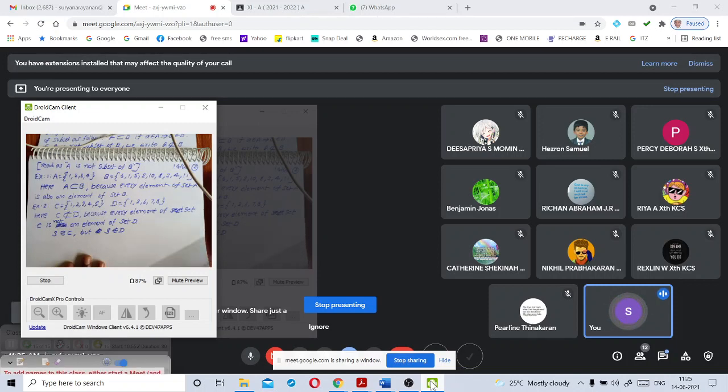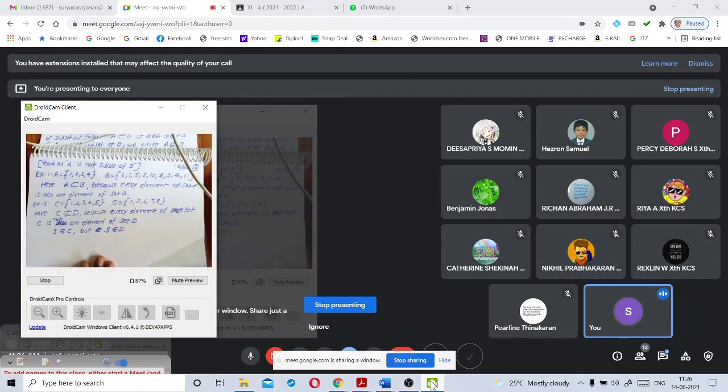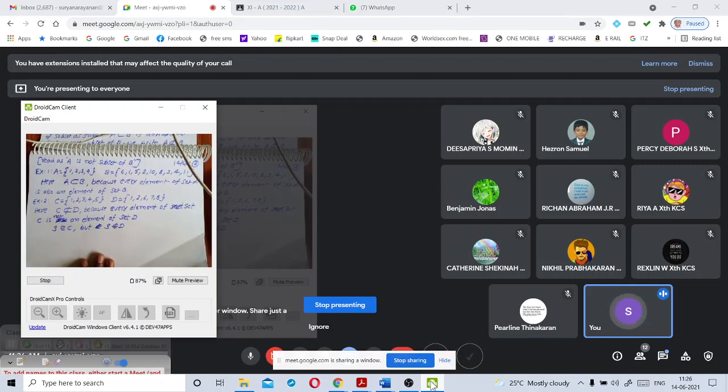Tell me. Sir, if the two sets have exactly the same elements. Very good, my dear Nikhil. Simply to say, two sets are said to be equal sets if they have exactly the same elements. Yes or no?